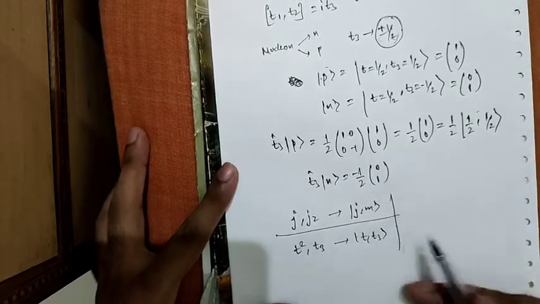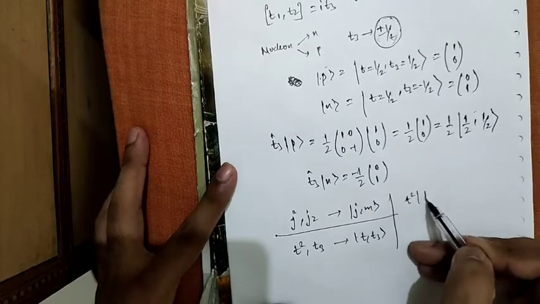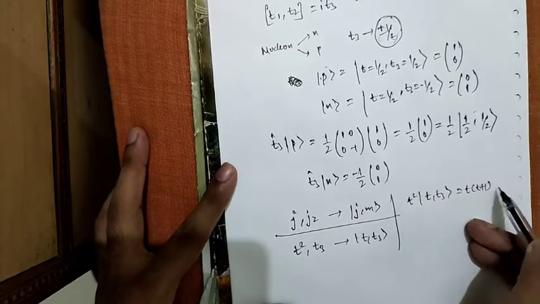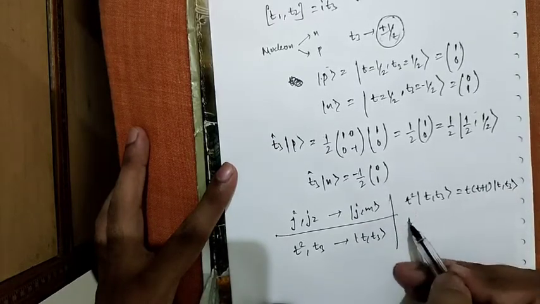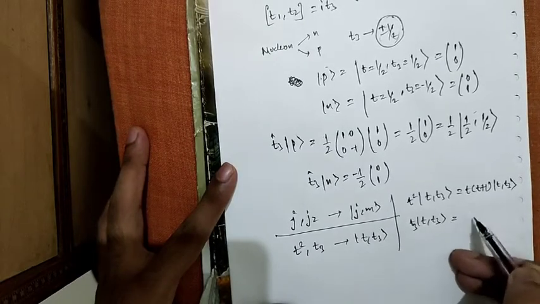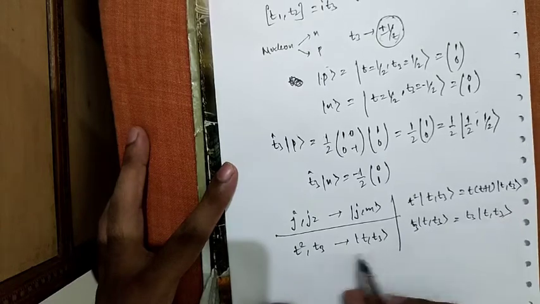Following the same analogy, when T squared acts on |t, t3> it gives t(t+1)|t, t3>, and when T3 acts on |t, t3> it gives t3|t, t3>.